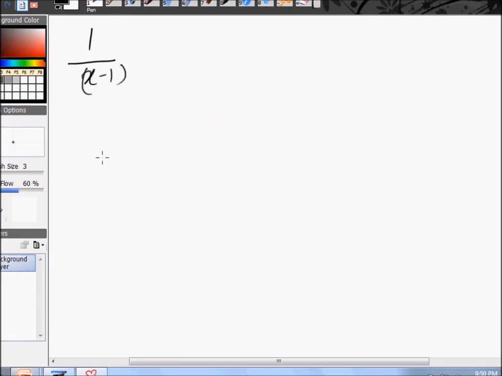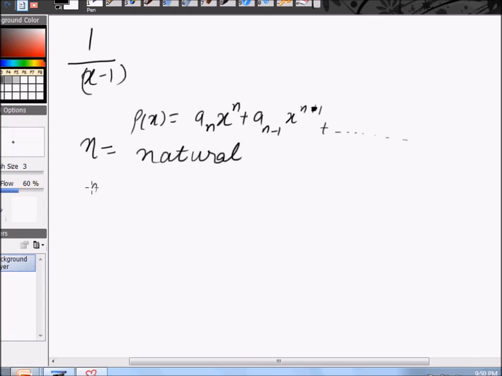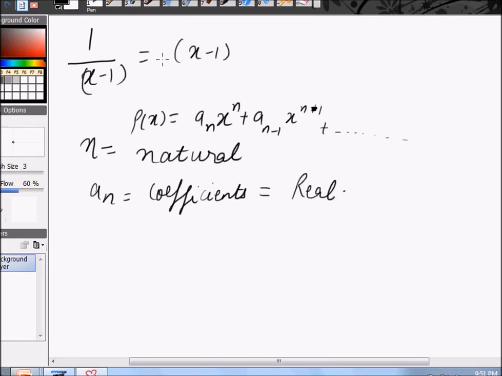We have given two conditions in our definition of polynomial in one variable: n must be a natural number, and the coefficients a n must be real numbers. Now if we bring this denominator into the numerator, then we have to negate the power.